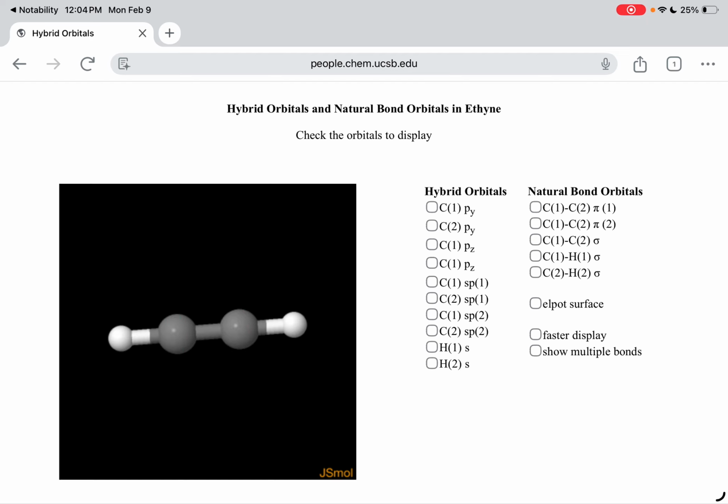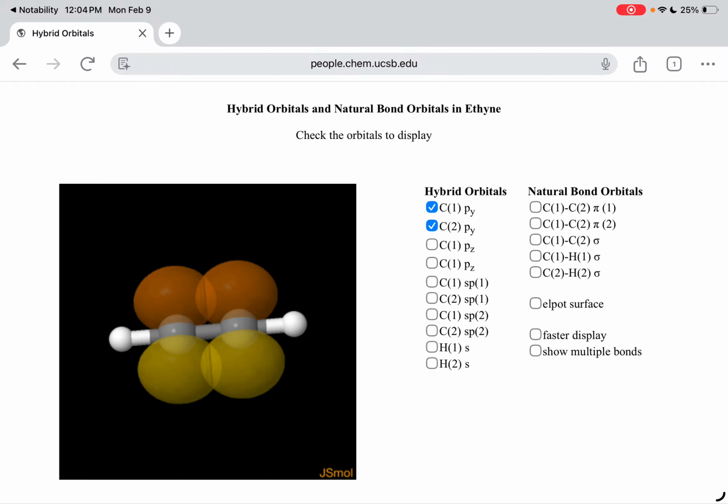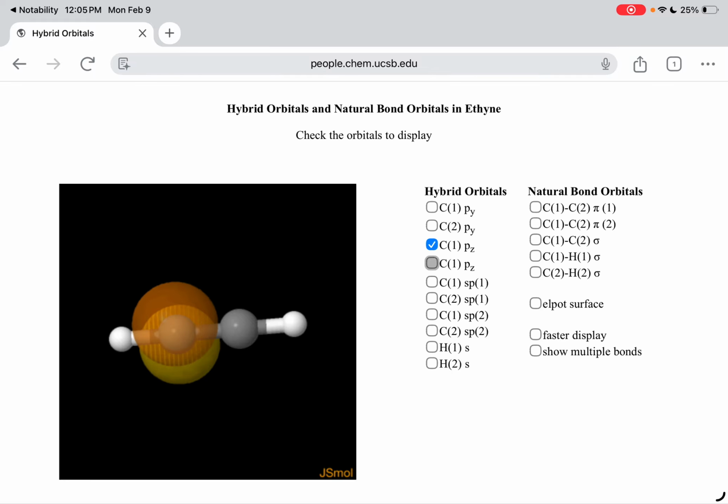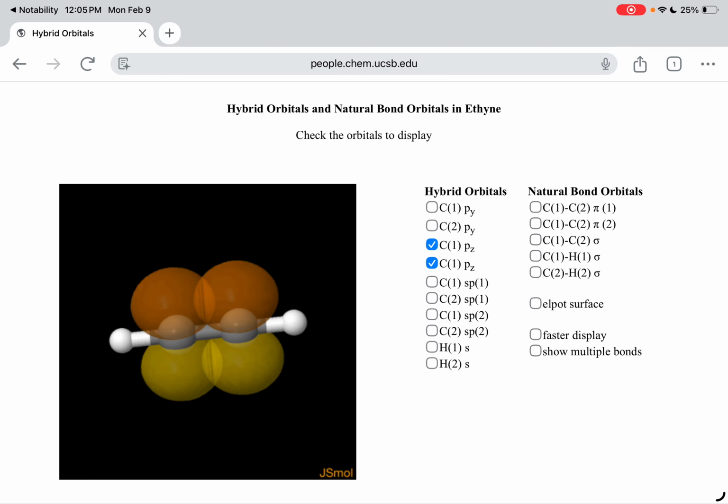I also have the sigma bond between the carbon and the hydrogen. And then I have 1 pi bond between the 2 carbons and another pi bond between the 2 carbons.